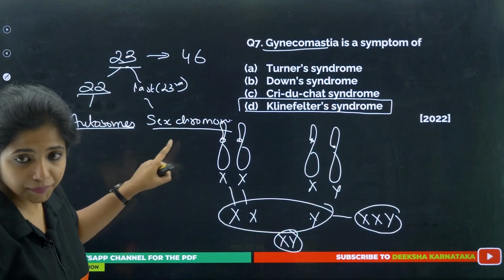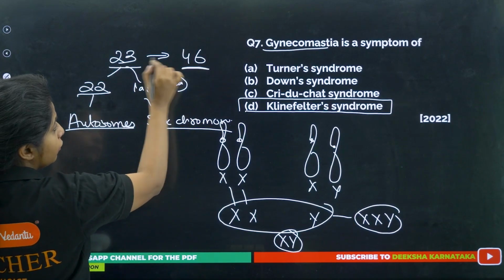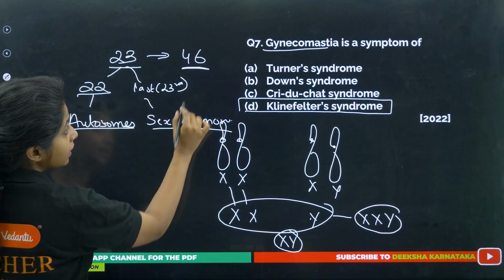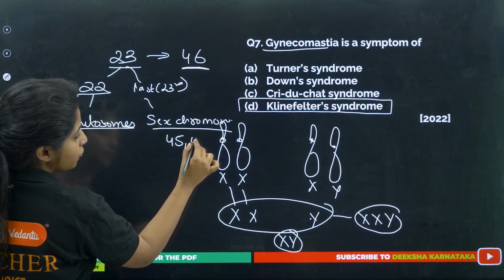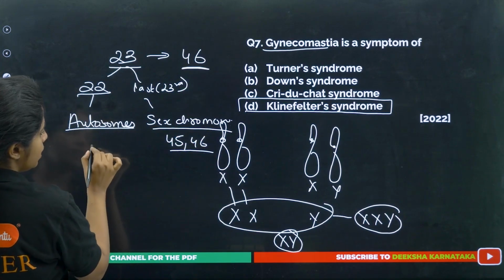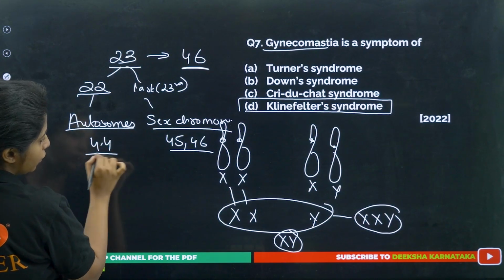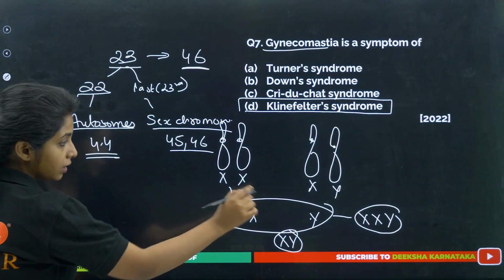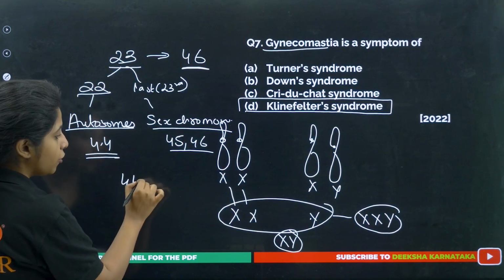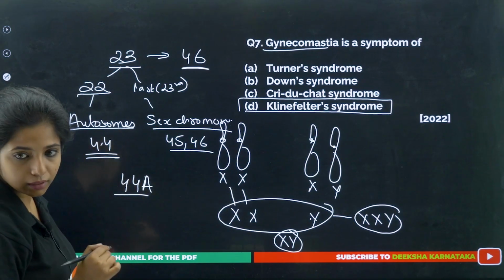So if the total becomes 46, can I say that the 45th and 46th are the sex chromosomes, and the rest until 44 are all autosomes? Yes. In Klinefelter's, they will have 44 autosomes, all normal.